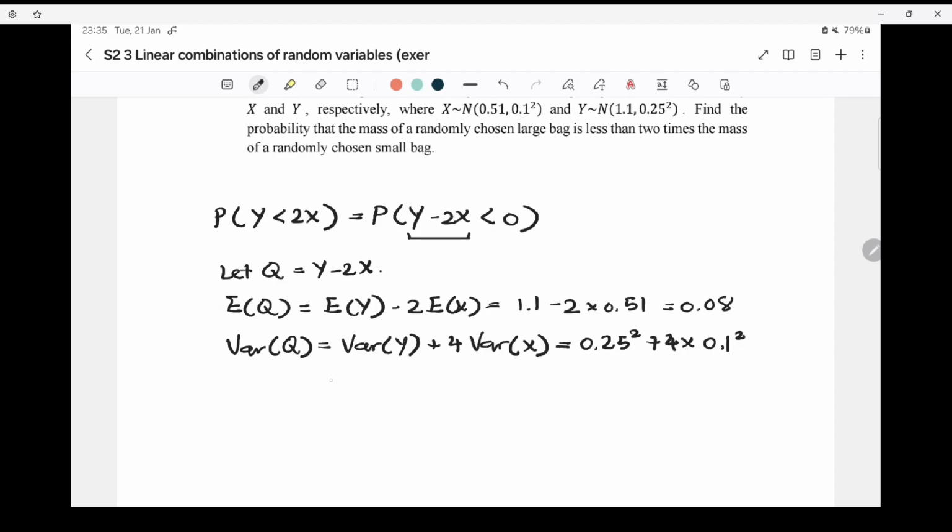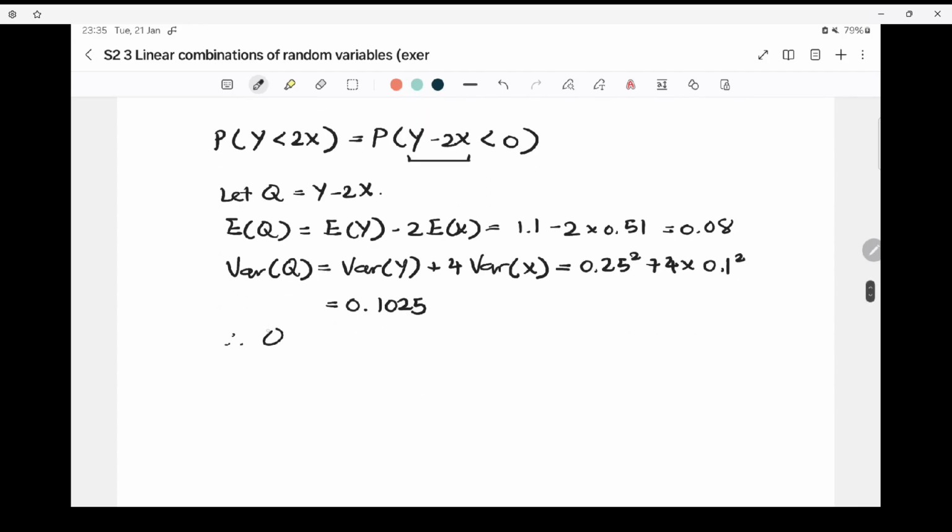So that will give you 0.1025. Therefore, Q is a normal distribution with the mean 0.08. The variance will be 0.1025.